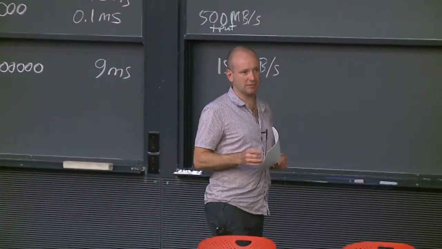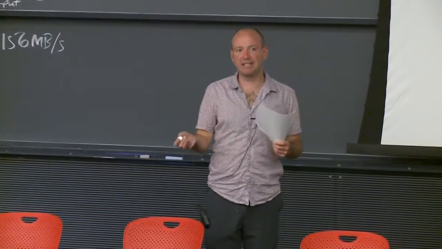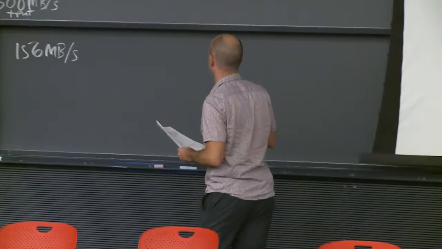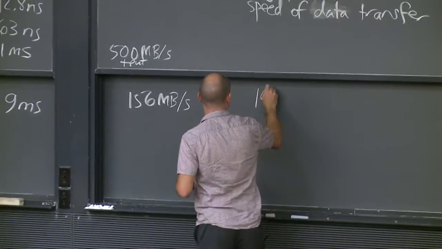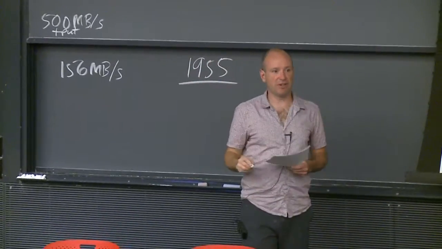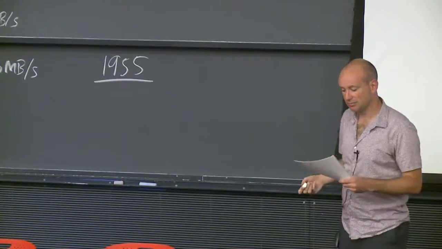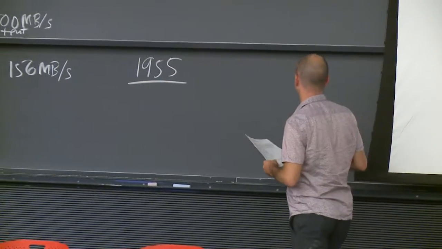Magnetic core memory, one of the earliest random access memory technologies, was invented in 1955, and had you been around in 1955, you could have bought a megabyte of memory. It is now 2017.